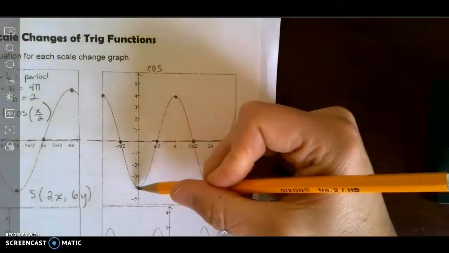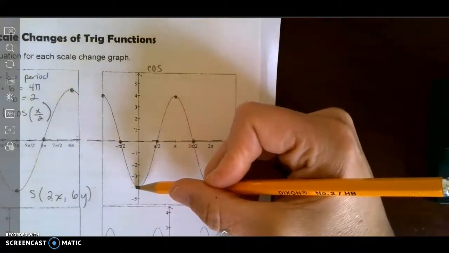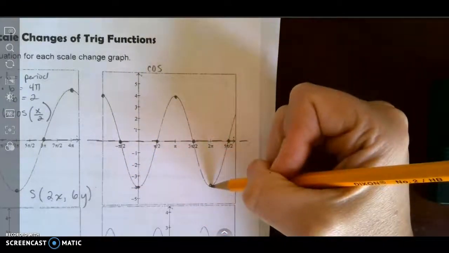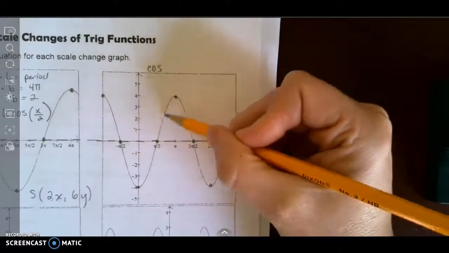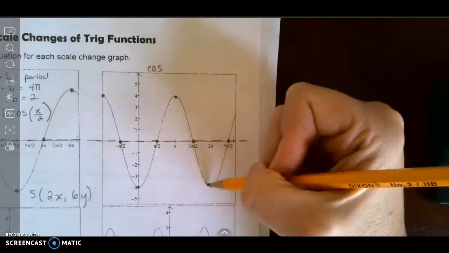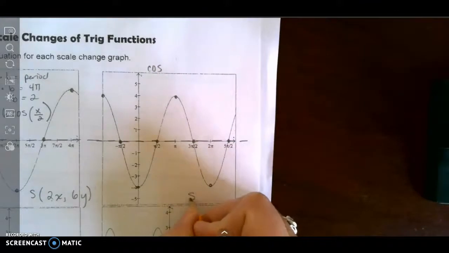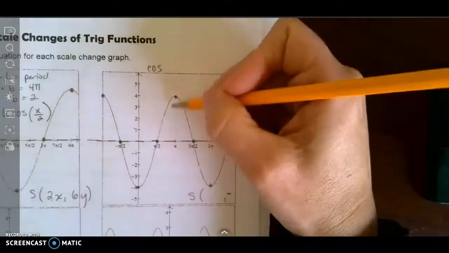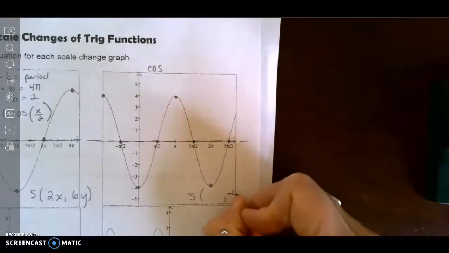And when I look at this, if cosine is my graph, here's my cosine curve, but it's upside down, which means I'm going to have a negative y scale change. So since it's 4 up and 4 down, negative 4y.